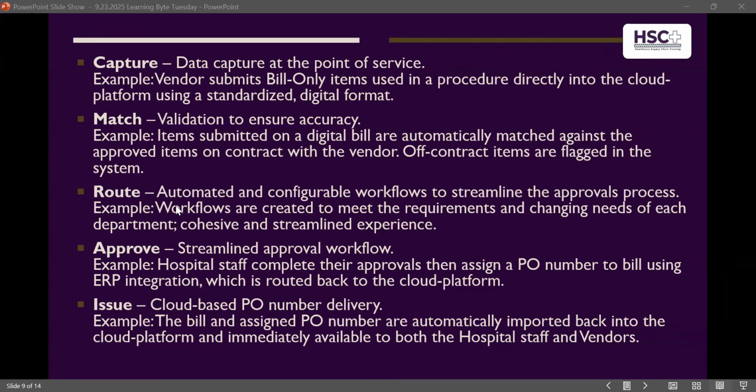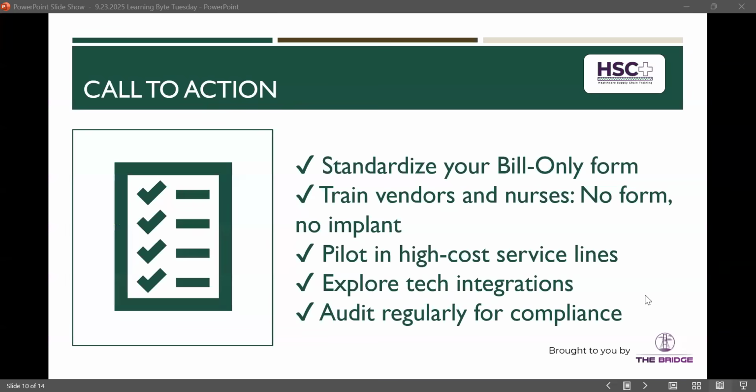So I just want you guys to look into different samples. So my call to action: standardize your bill only form to get started tomorrow. Have a procedure with it as well. Train your vendors and your nurses that if there's no form, there's no implant.